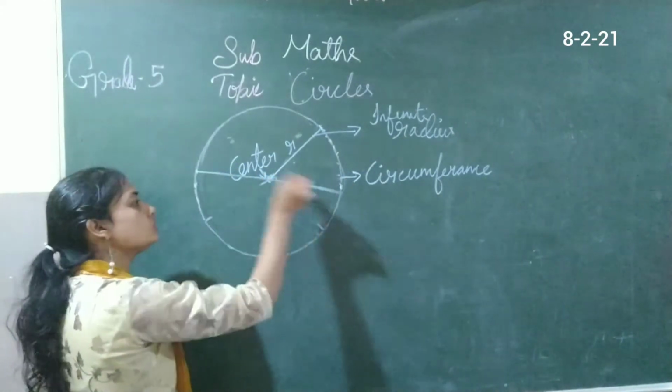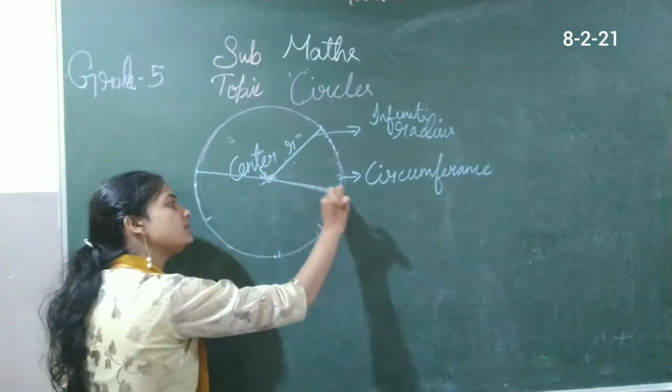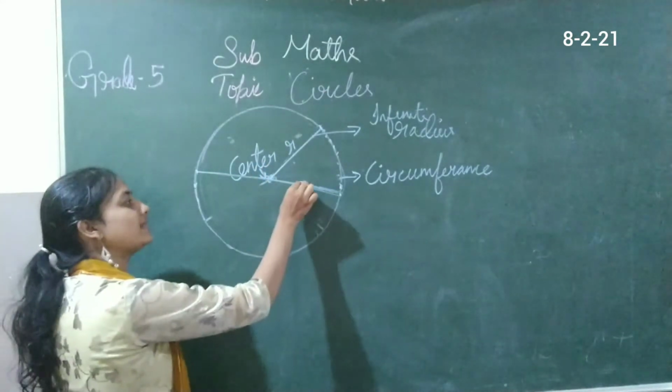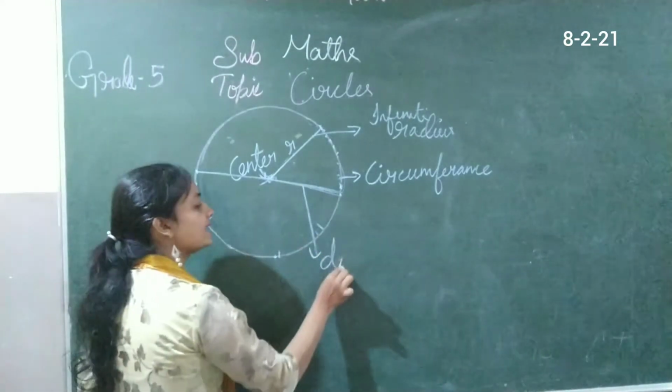See, when it joins these two points, it passes through the center of the circle. Such a line is called the diameter.